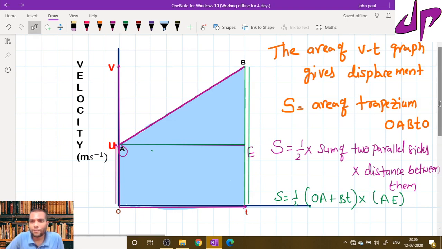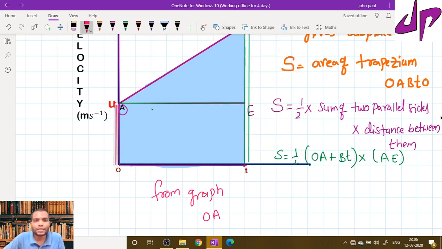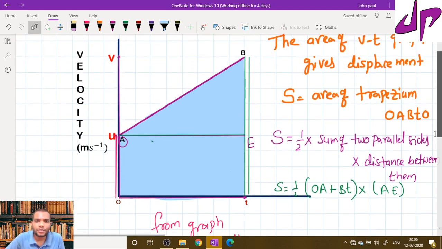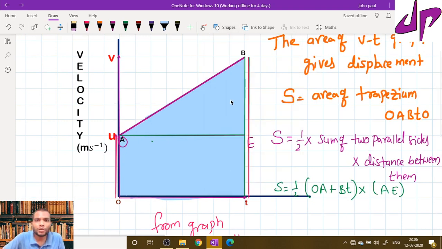Now from the graph, what is the value of OA? OA, from here to here, is nothing but the initial velocity U. And BT, this value on the y-axis gives O to V, that is the final velocity.